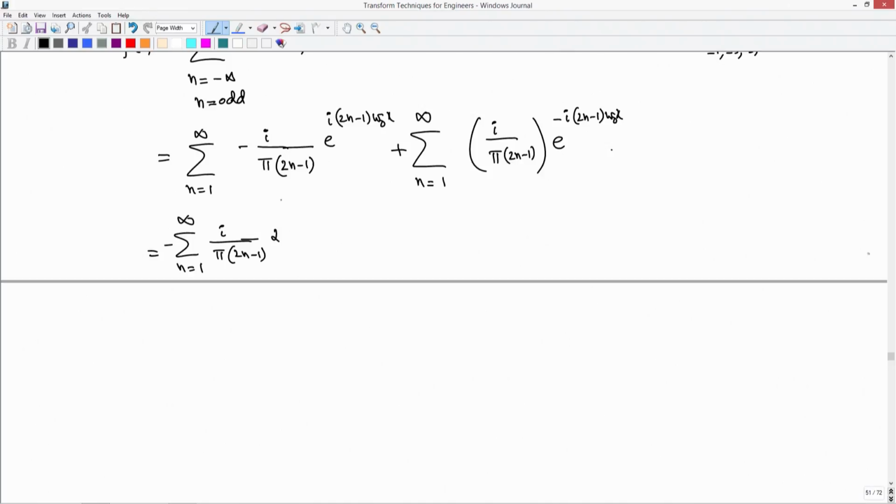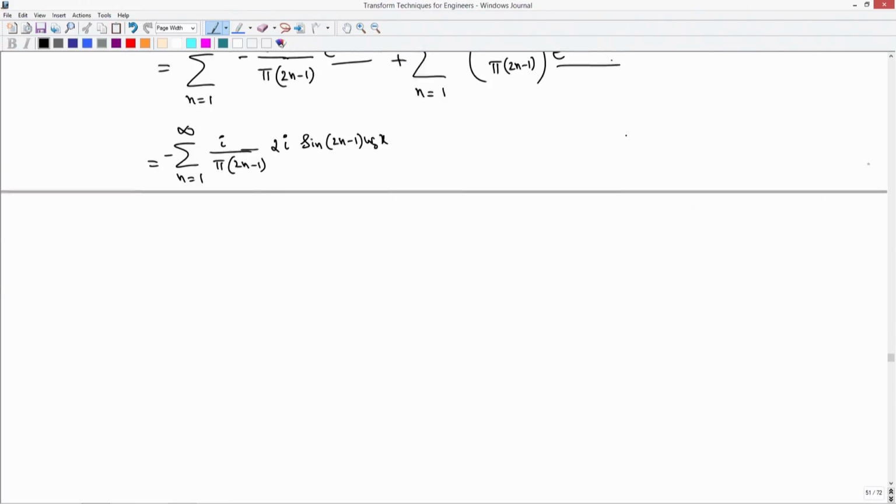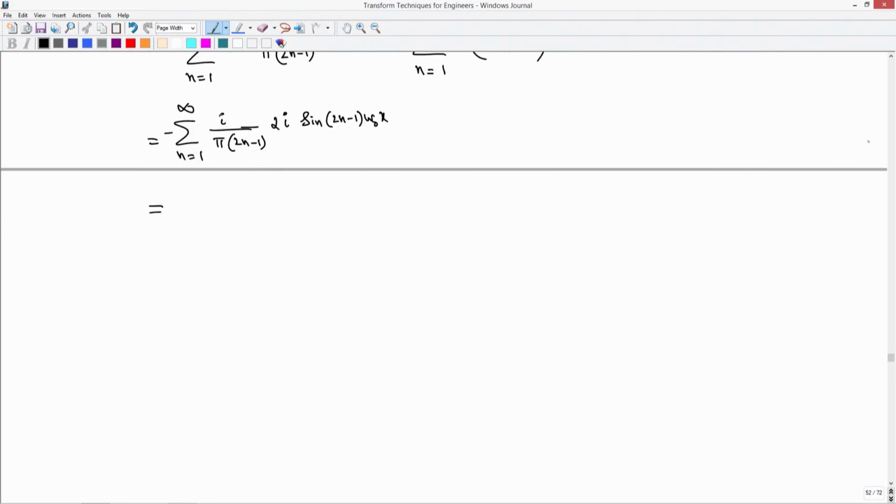This is because I have taken the negative outside, and the difference is 2I times sine of 2n minus 1 omega naught x, when I add the two together. And I square is minus 1, so what you get is the sum from n equal to 1 to infinity of 2 divided by pi times 2n minus 1, times sine of 2n minus 1 omega naught x.